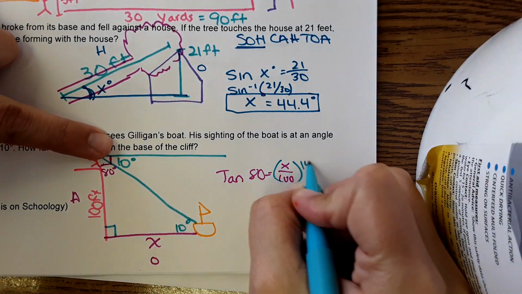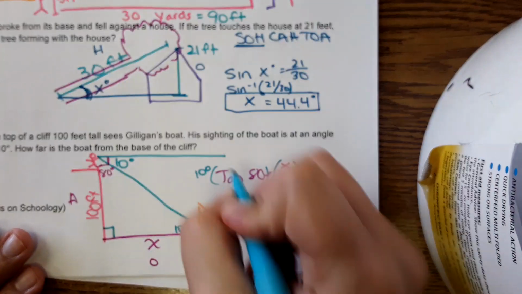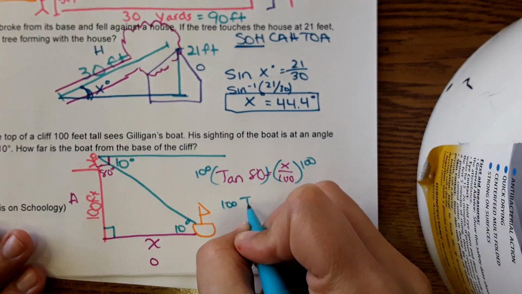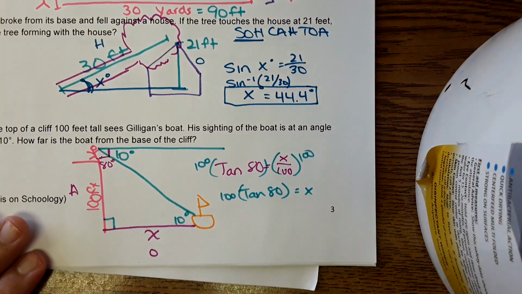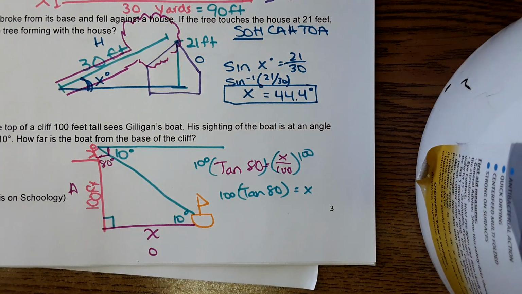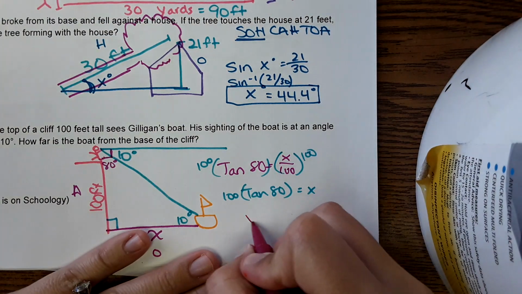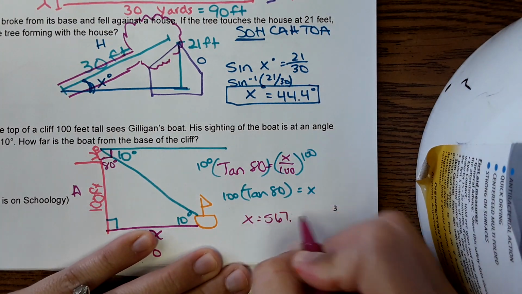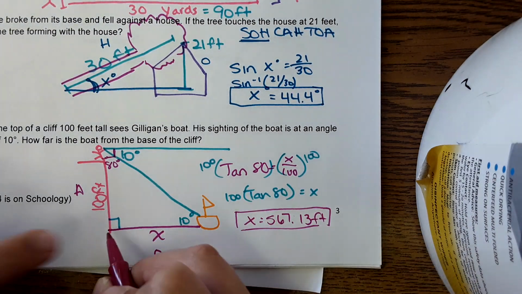Then multiply both sides by 100. 100 tan of 80 equals x. Then you'd plug this into the calculator and it comes out to 567.13 feet. So that is the distance from the cliff to the boat.